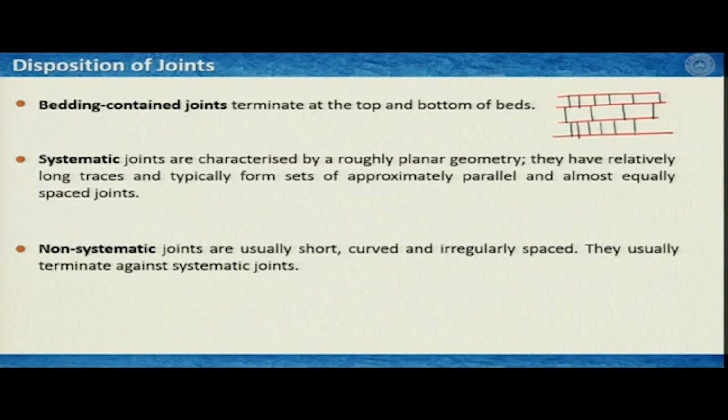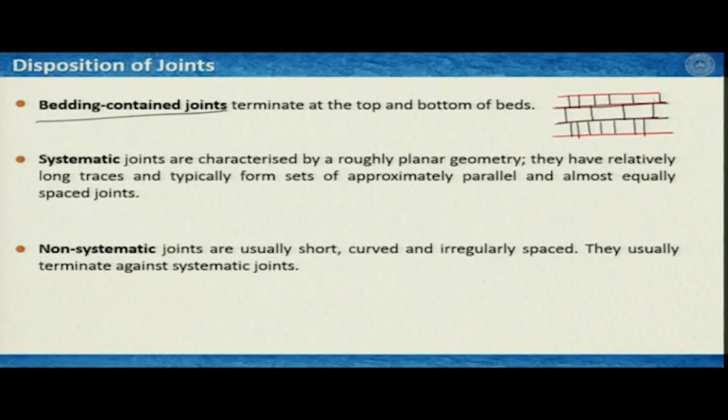We will learn soon about the characteristics of the spacings and so on, whether they would be similar spacing or a different spacing. But the point here with the bedding contained joints is that this joint did not propagate through the interface between the two beds and so on. If that happens, then we call it bedding contained joints.